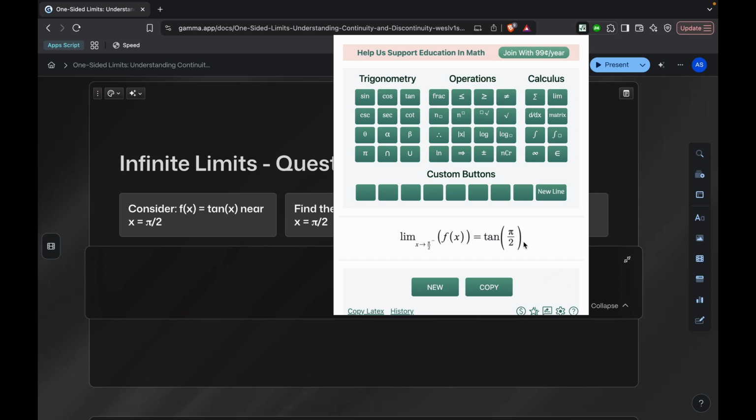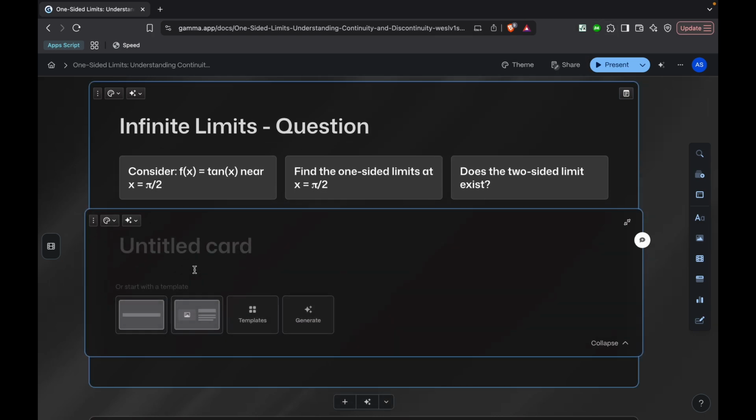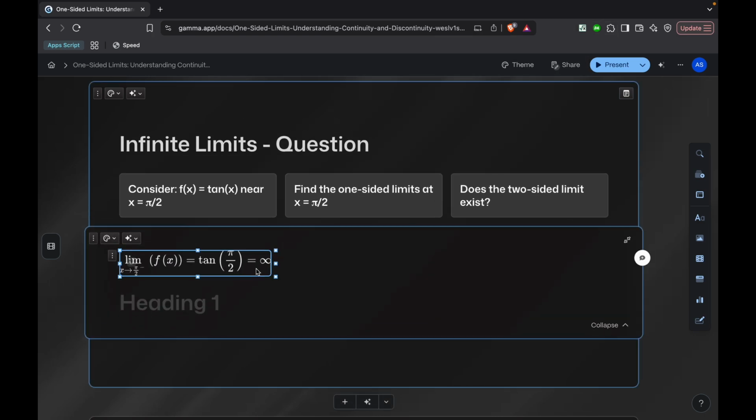If we have something very close to pi over 2, let's say pi over 4, that's going to be equal to 1. And as we keep on moving up the graph, it gets larger and larger until it approaches positive infinity. Now, this is just one side of the limit, though.